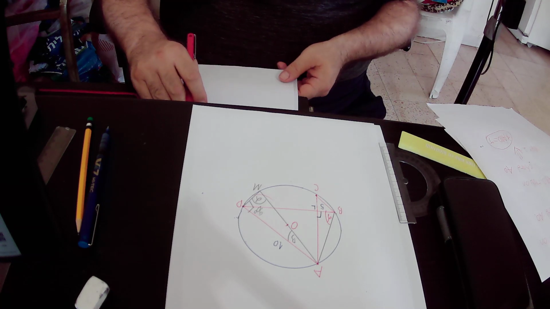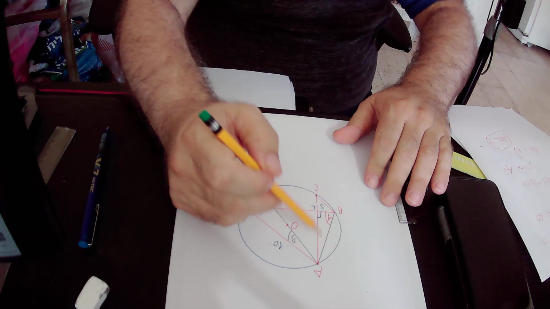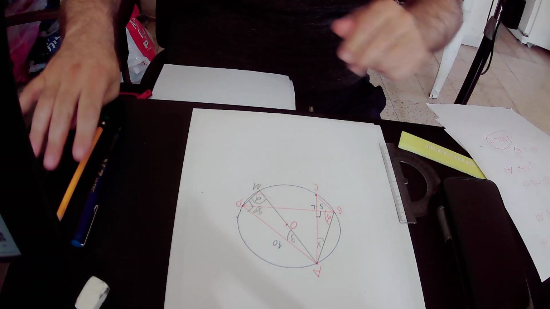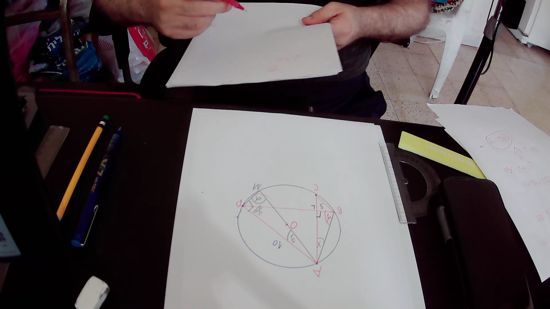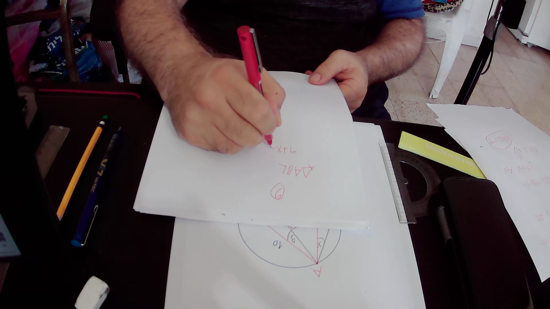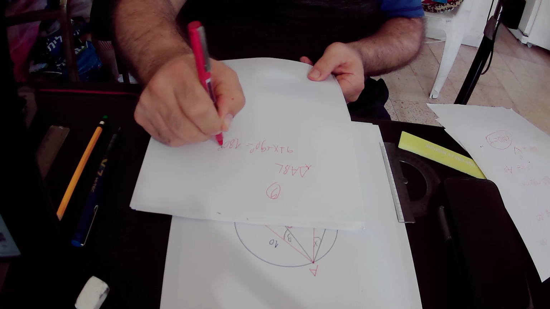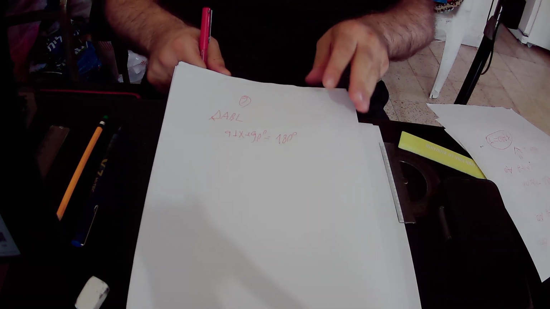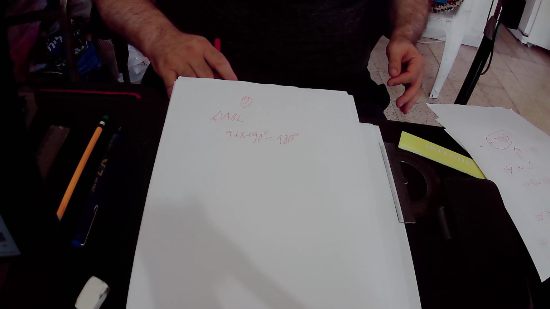If I define angle BAL as x, then alpha plus x plus 90 degrees equals 180 degrees, because in any triangle the sum of the angles is 180 degrees.